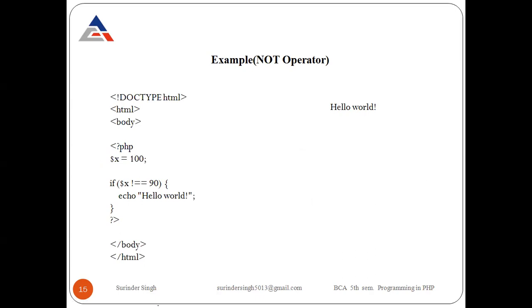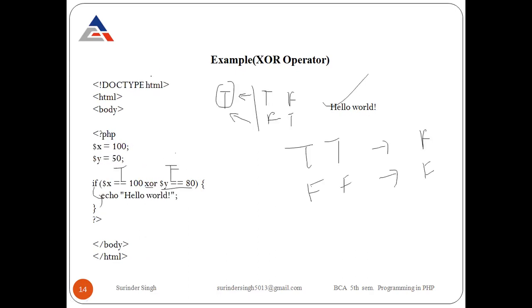Now this is the not operator. This is not equal. We are checking here: x has value 100, and we are checking if x is not equal to 90.